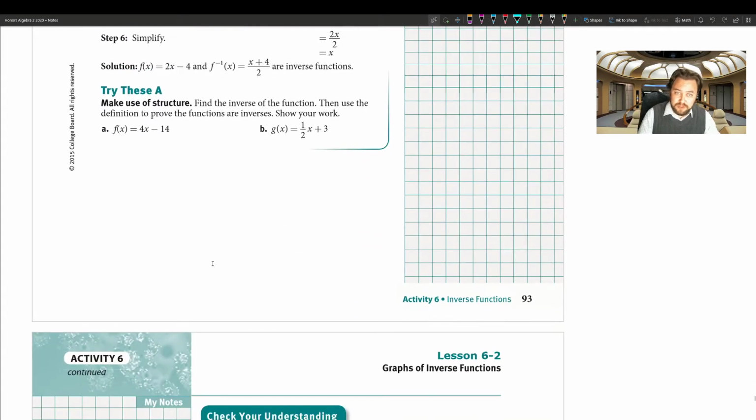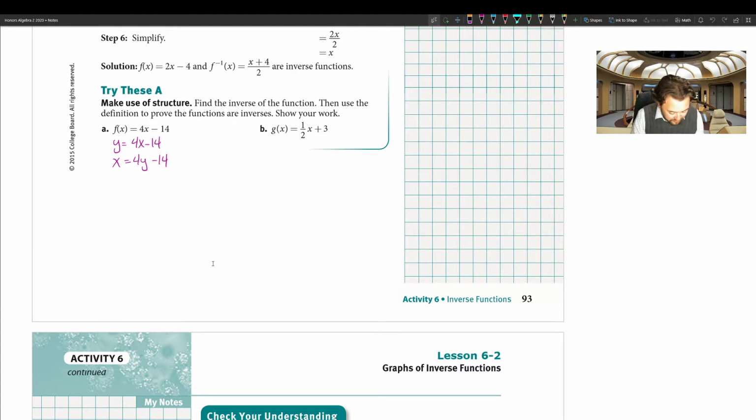Let's look at A. I'm going to start by finding the inverse of this. Step one is to rewrite f of x as y, so y equals 4x minus 14. Step two, I swap x and y, so this becomes x equals 4y minus 14. From here, I solve for y.